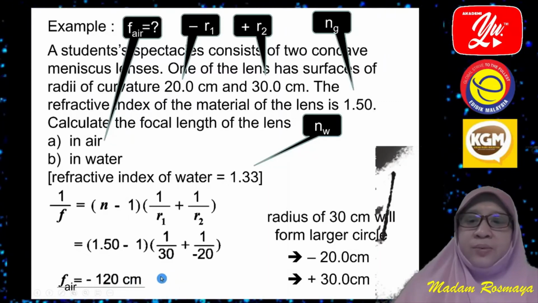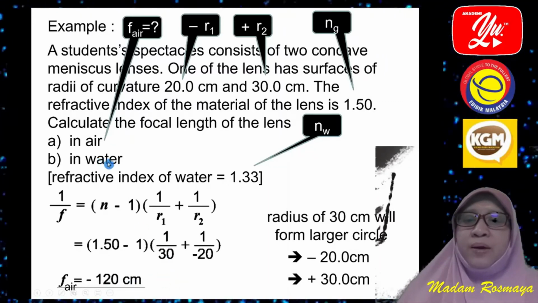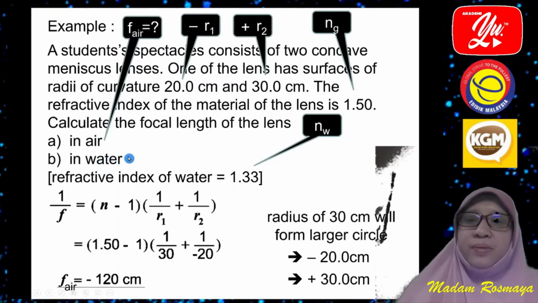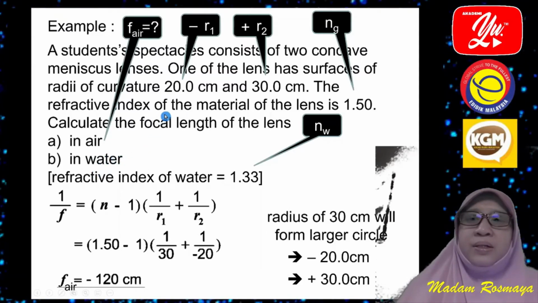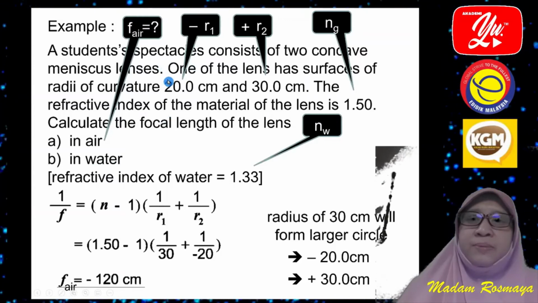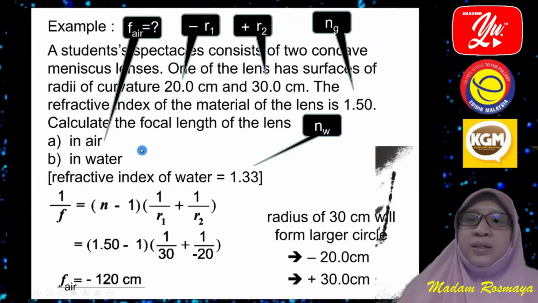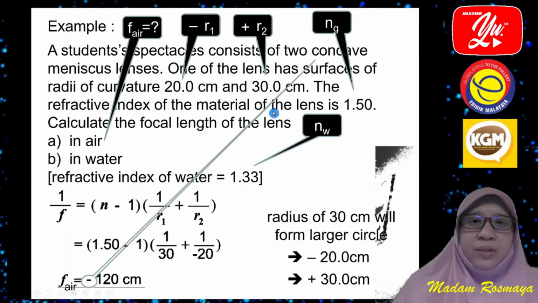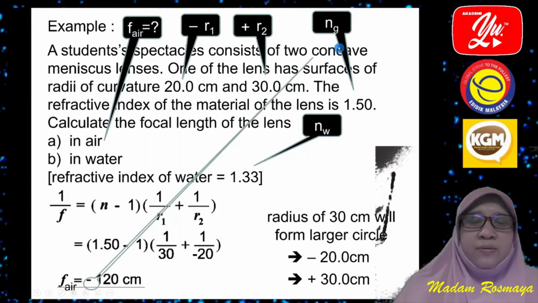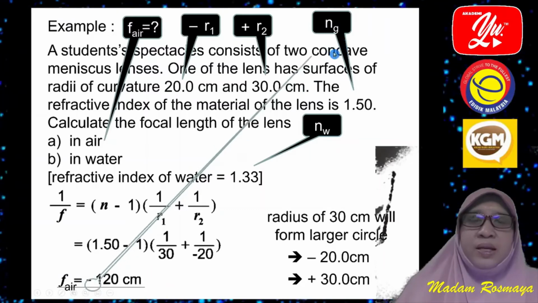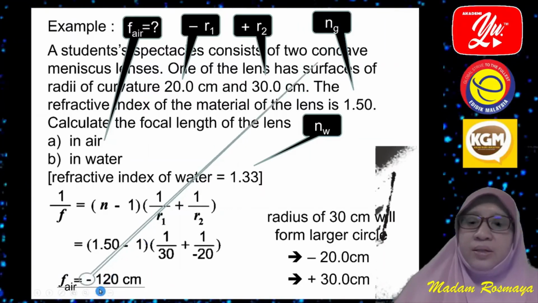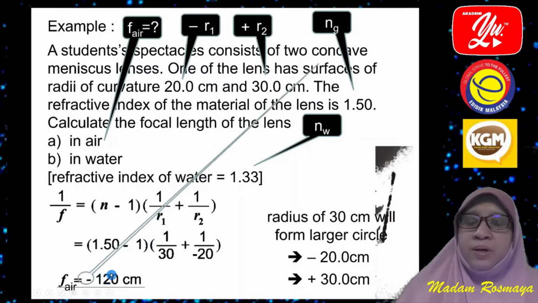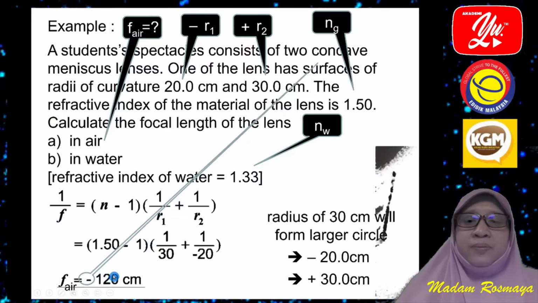So we keep this value for a while to compare with the focal length of the same lens of the student's spectacles when he is in the water. So this is a concave meniscus lens, which means the value we should get here is negative.